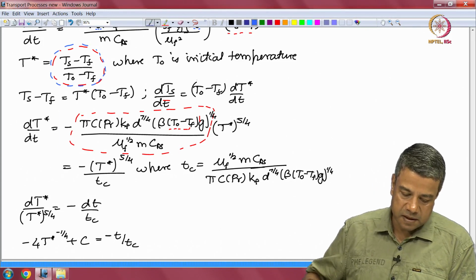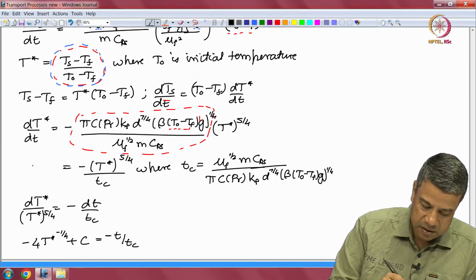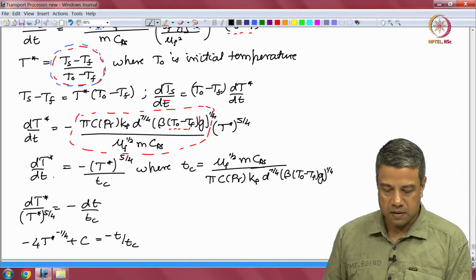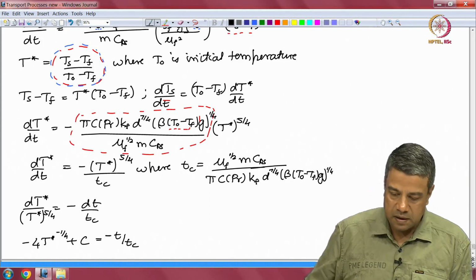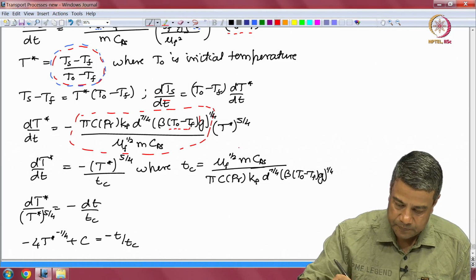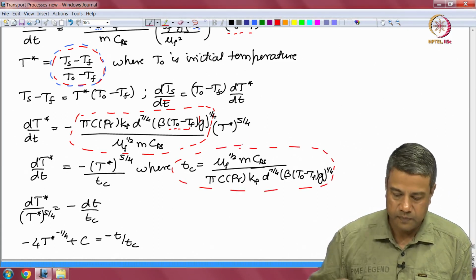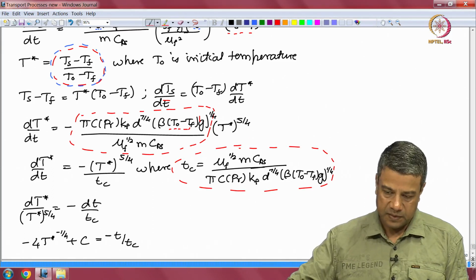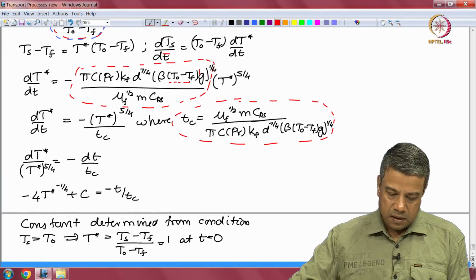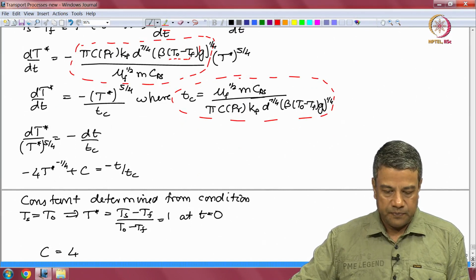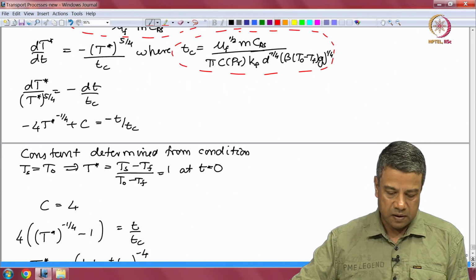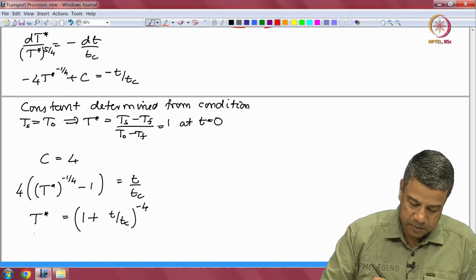And we had got an expression for T star, that dT star by dt is equal to this one, where we had calculated the characteristic time. And then we had solved this problem and got an expression for the characteristic temperature.